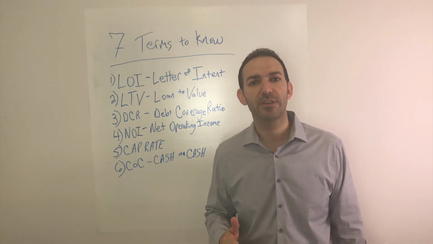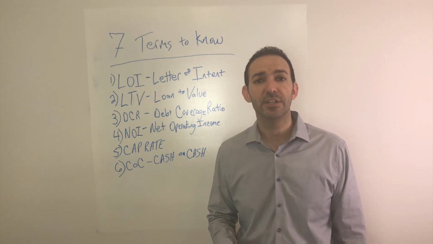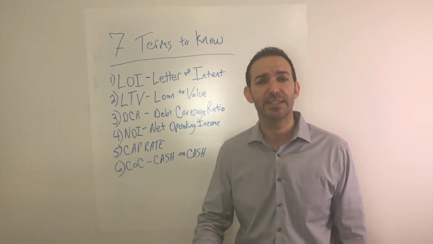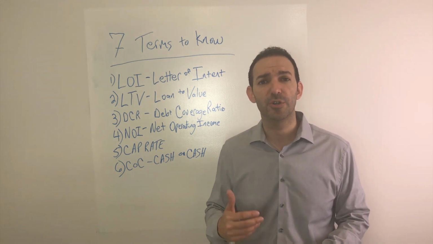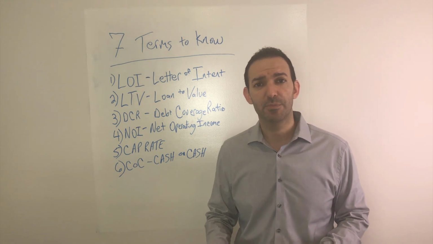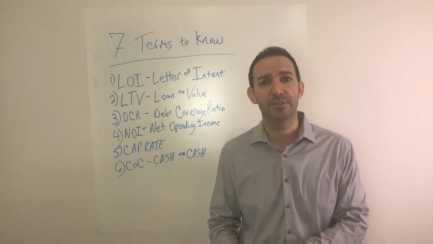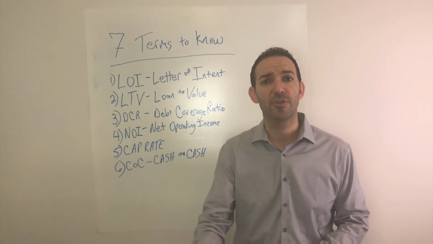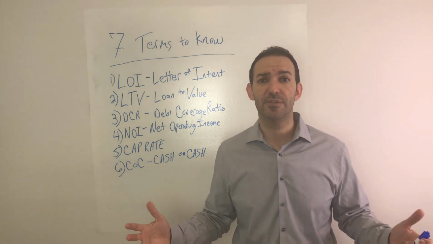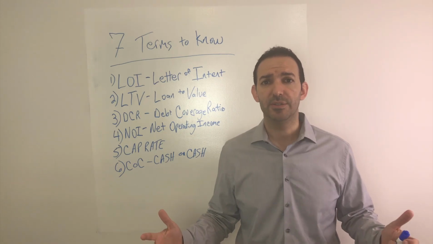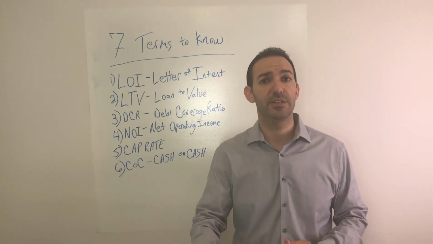After that, it's COC, cash on cash. That means if you're putting $50,000 down into an investment and you're getting back $10,000 on that $50,000, it's just a return on your money. So it's how much money did you put into the deal and how much return are you getting on that money. So your cap rate could be 10% on the entire property, but maybe you didn't put $1 million into the deal.